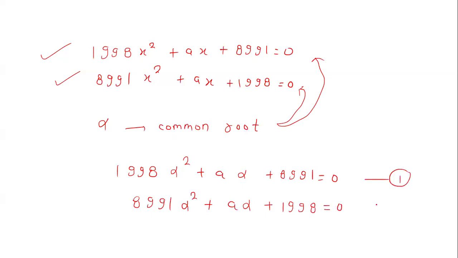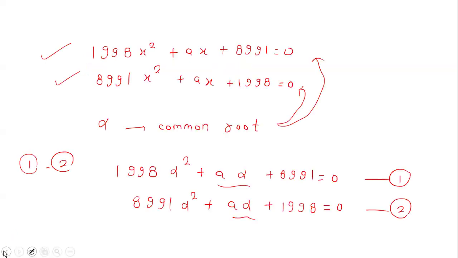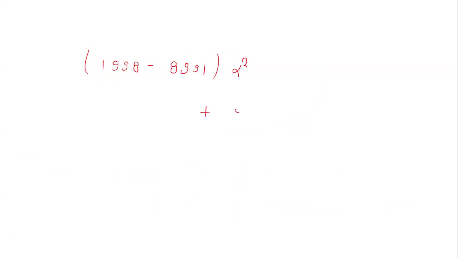Let's say this is our equation 1 and this is our equation 2, and if you subtract 1 and 2, you can see that the a alpha term will cancel, so it will become like this, plus 8991 minus 1998 is equal to 0.